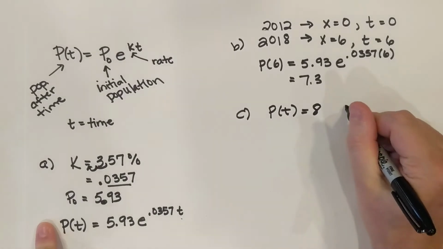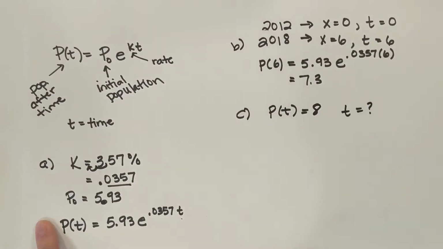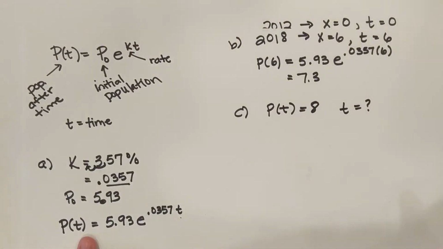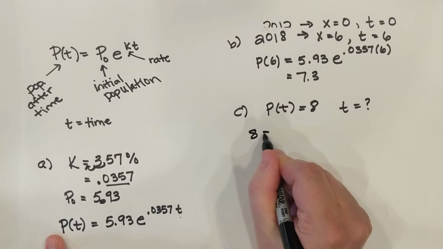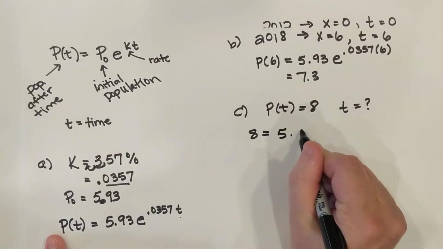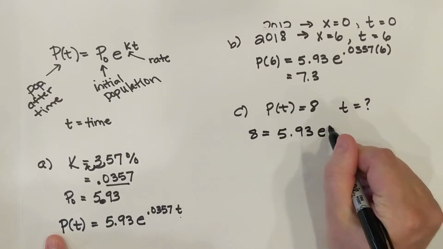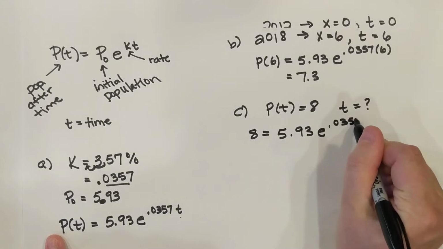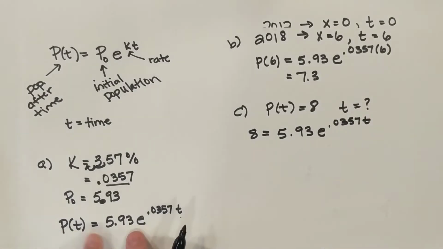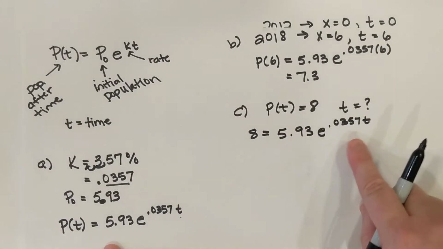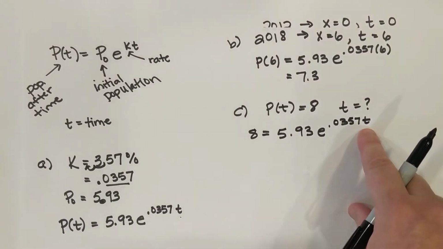We need to find what t is, the time. All right, so in order to do that, I'm going to go back to that function on part A. 8 goes where this P of t is, the population. And then our right side stays the same, so now we have to solve for this t up here.